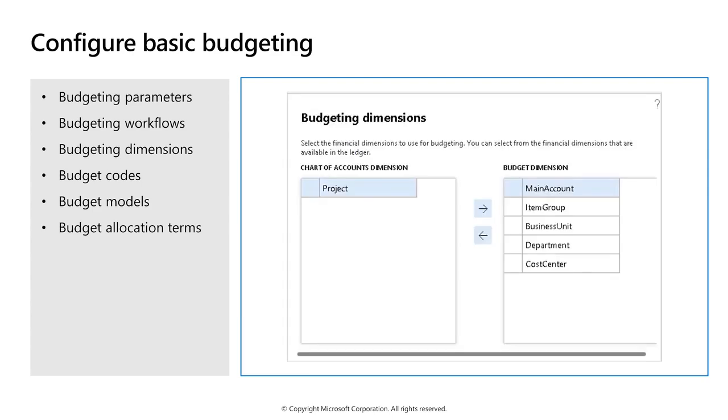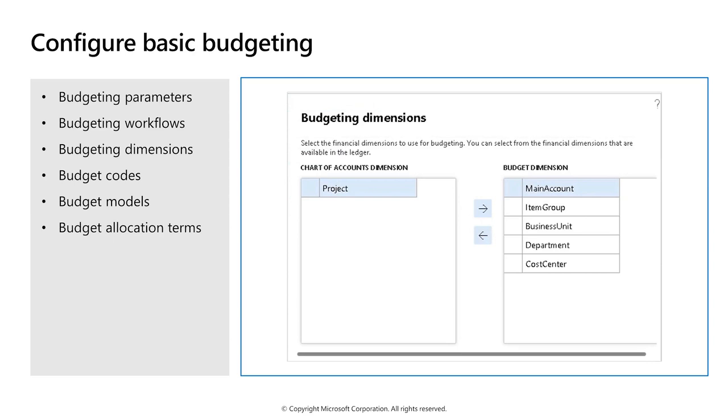We use the budget dimension page to specify which financial dimensions in the account structure that are associated with the chart of accounts are available for budgeting. Some organizations might not define specific financial dimensions, including the main account, for budgeting, which could provide more flexibility.